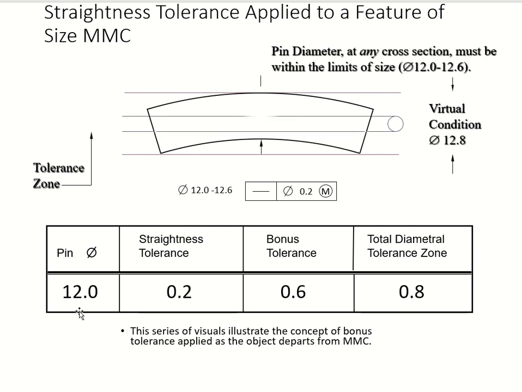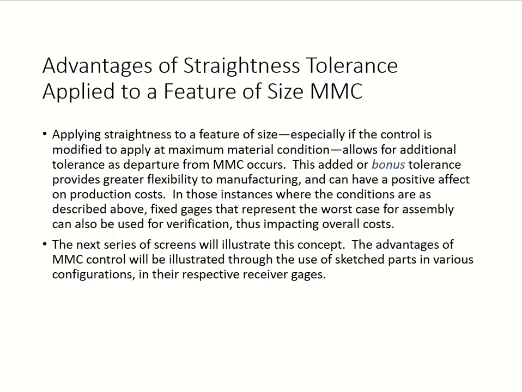Go down all the way to 12. Next 0.2, we're doing 3 times, so 0.2 times 3 is 0.6 added, and you get 0.8 for the combined total tolerance. Okay, so what do we have to do with this bonus stuff?